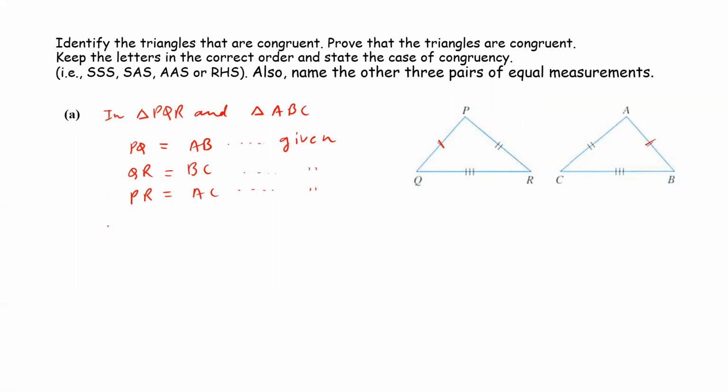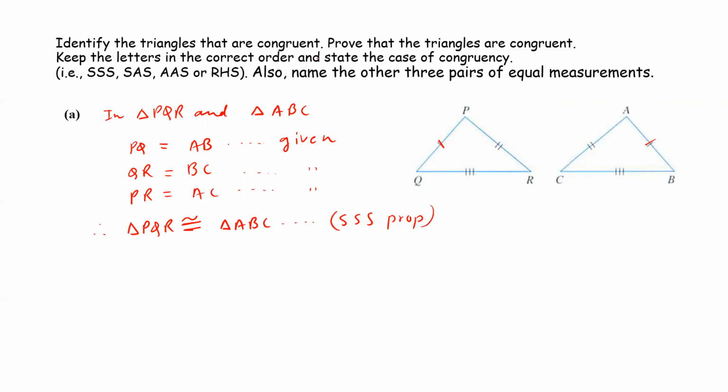All right, now once you have those three pieces of information, we can say therefore the triangle PQR is congruent. This is the symbol for congruency. So triangle PQR is congruent to triangle ABC. By which property? In this case, it's the side side side property. So let me write everything here. Property.